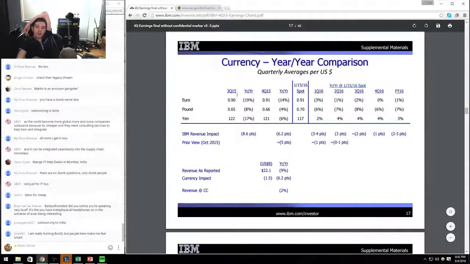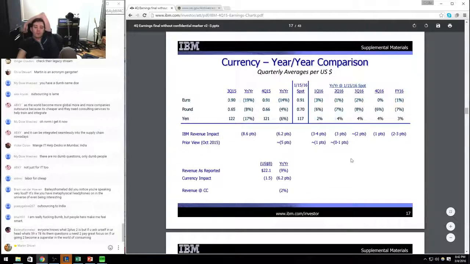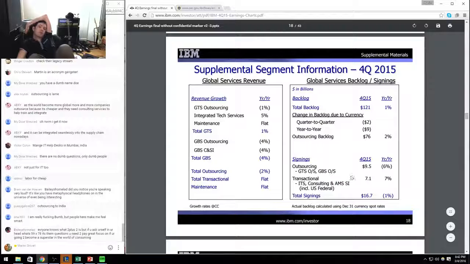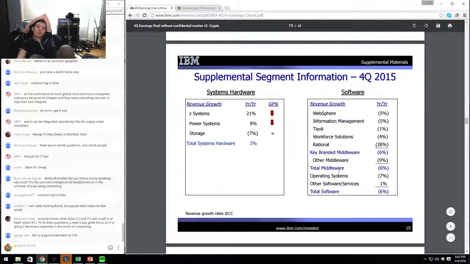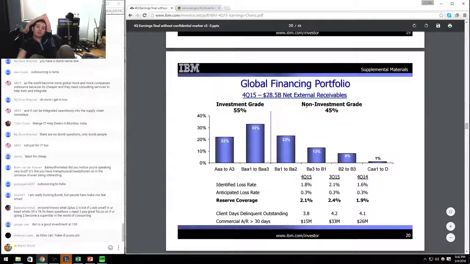Here's the graph that we just made for the euro. We'll talk about backlog and things like that later. Maybe next class.